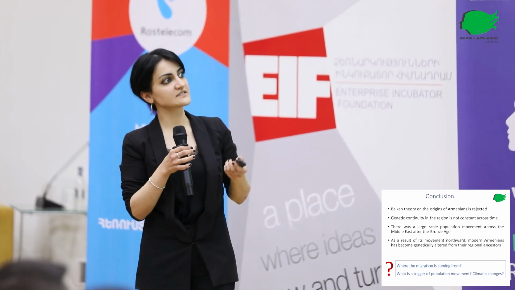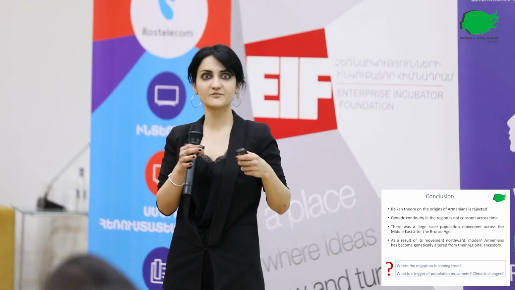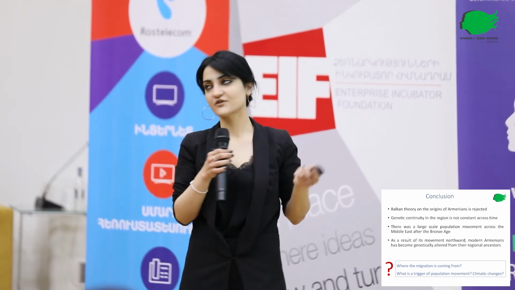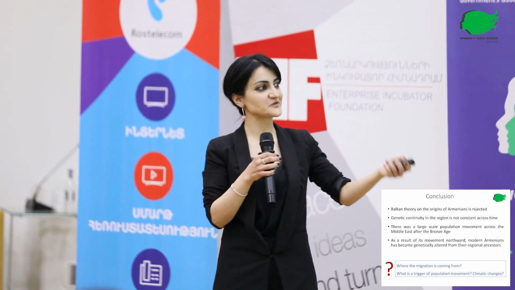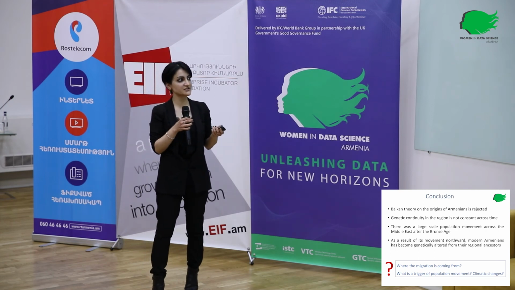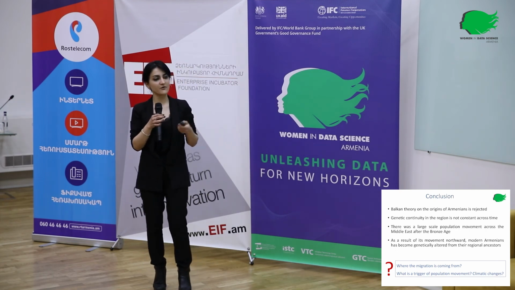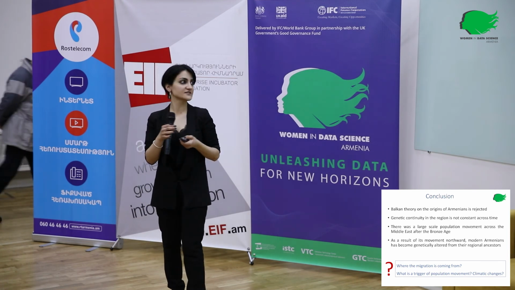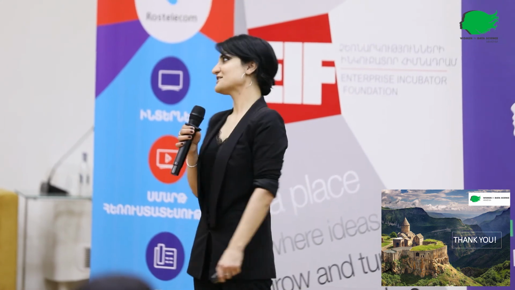And this movement altered modern Armenians a bit from our ancestors. Of course, there are many questions. We still need to continue our studies because we need to understand where this migration was coming from exactly and what was the trigger of this population movement, whether it was climate change or other factors. We still don't know. Thank you.